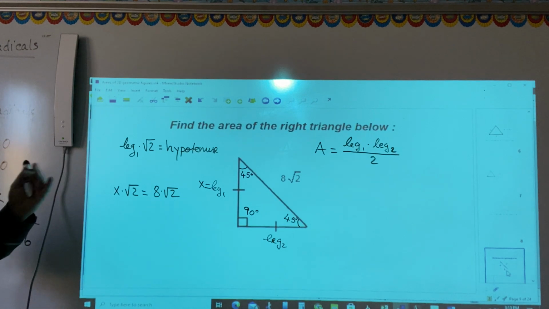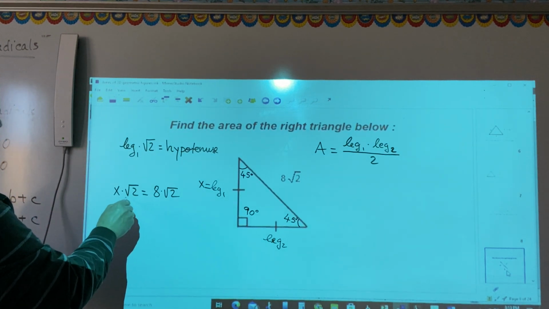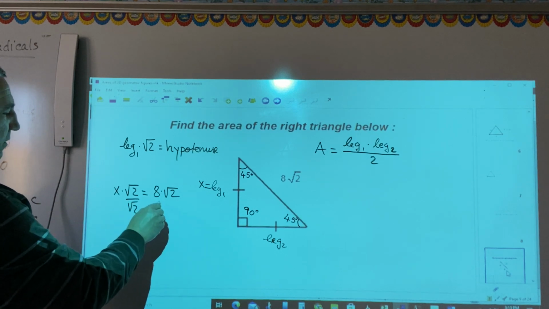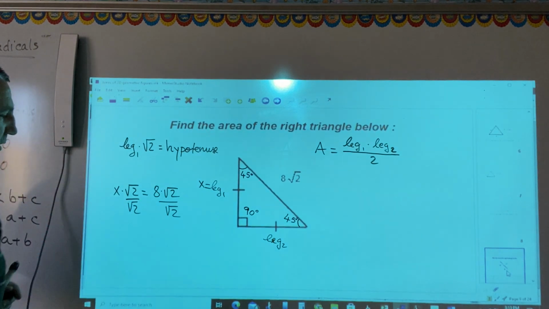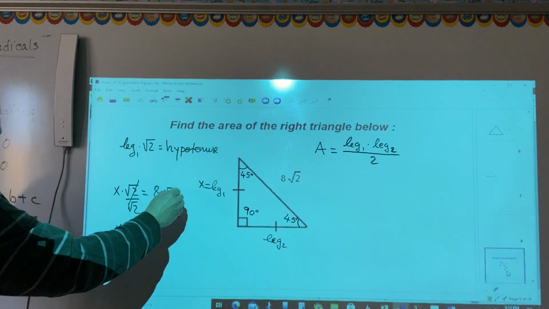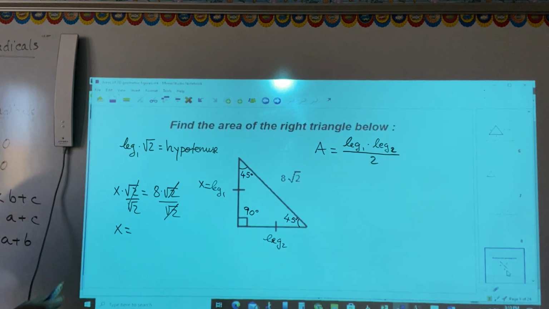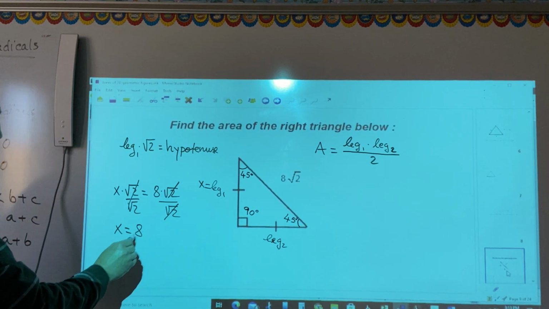Then we solve for x. How do we solve for x? By dividing by square root of 2 both sides. And we get x equals, we can divide out square root of 2 and square root of 2, and we get x equals 8.